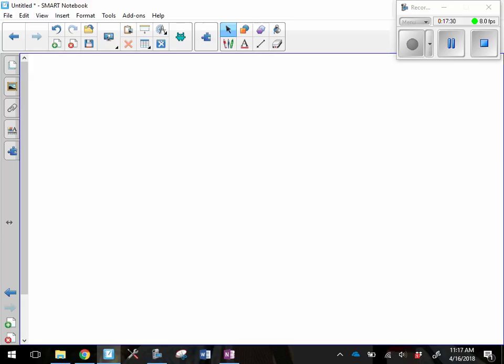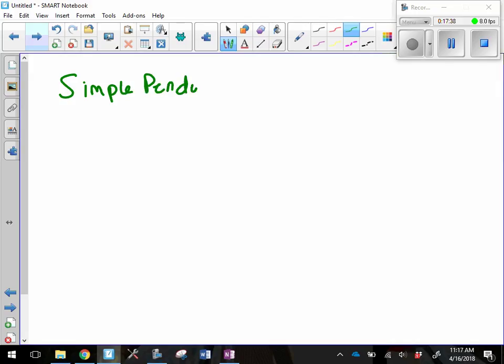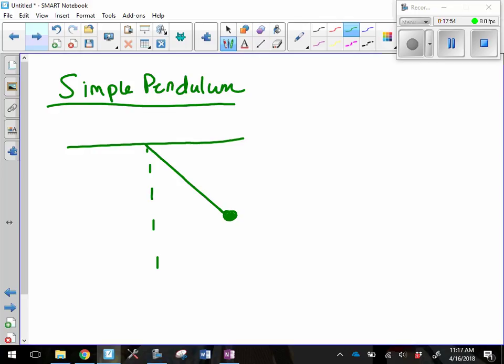The more complicated thing, or the thing we're going to look at in more detail, is the simple pendulum. And so a simple pendulum is a mass on the end of a string of length L. The mass is called a bob. I don't know why, but it is.